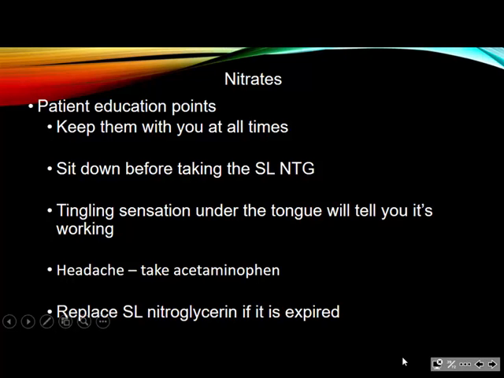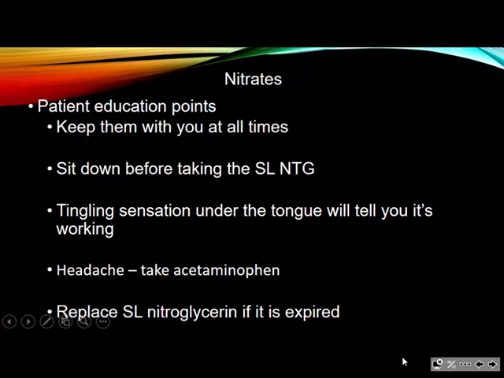So as far as education points that you'll want to remember with the nitrates, when we're talking about especially acute coronary syndromes or stable angina, we tell them to keep them with them at all times. Usually what I'll say to the patients is this wards off evil spirits, because if they have their sublingual nitroglycerin, hopefully they don't have repeat episodes of chest pain.